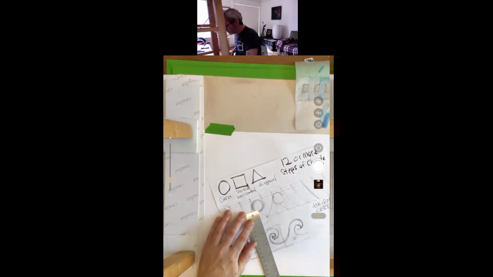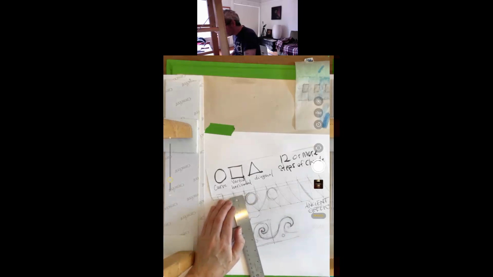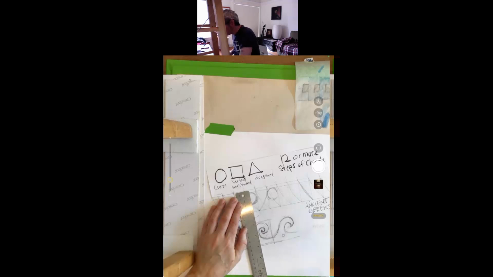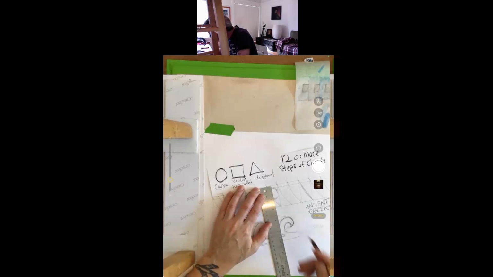Then I may as well. That is, I want to say, five-eighths. Sure, why not? Hmm. One inch. No, I'm going to go down one inch. I'm going to make this an inch total.